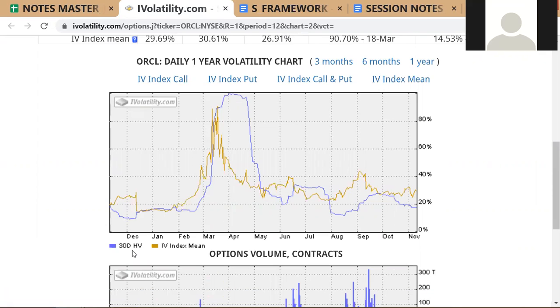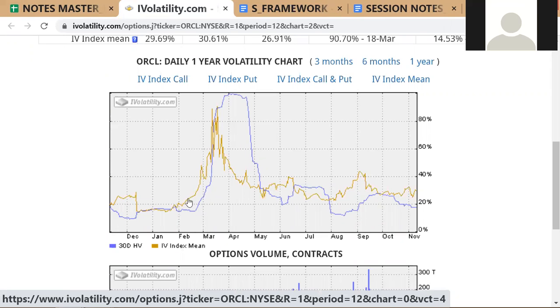The blue line is HV, and the orange line is IV. The IV is the implied vol, which is derived from the current prices of options. The HV is derived from the asset price chart, from the movement of the asset price. So this is essentially like a standard deviation of price changes. You do see that there is some correlation between the two, but they are not the same.